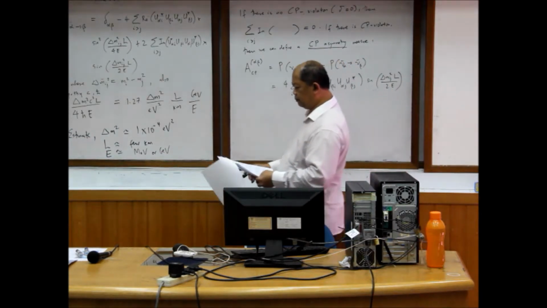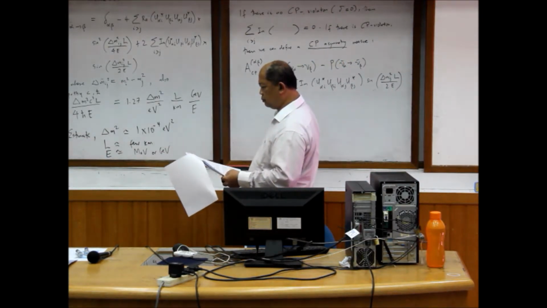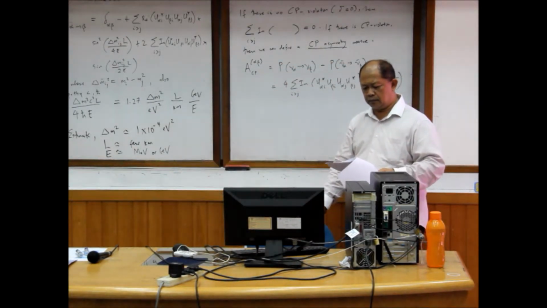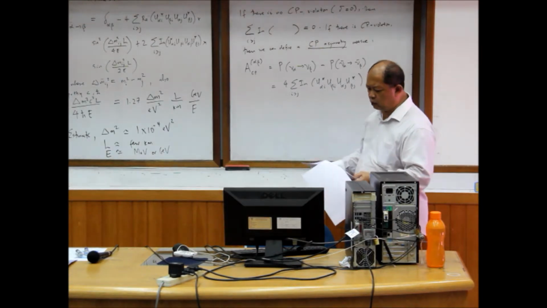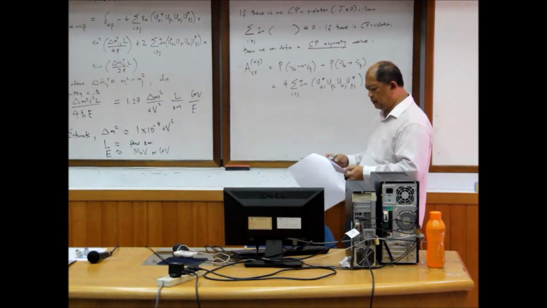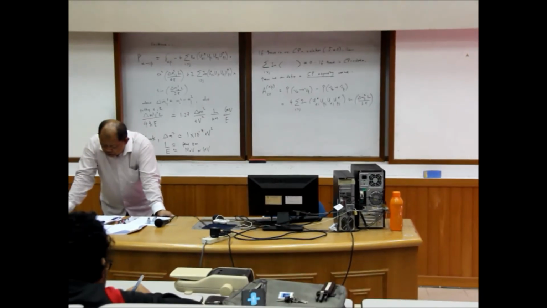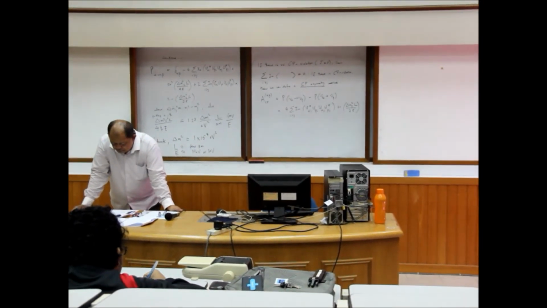Okay. So you can actually calculate this for any two neutrinos. Sometimes people try to rewrite this neutrino oscillation in terms of harmonic oscillation.